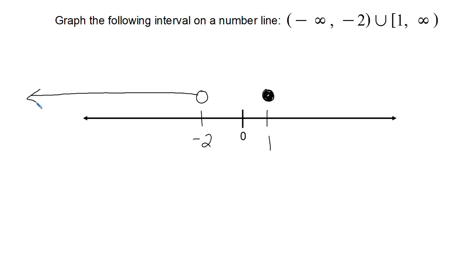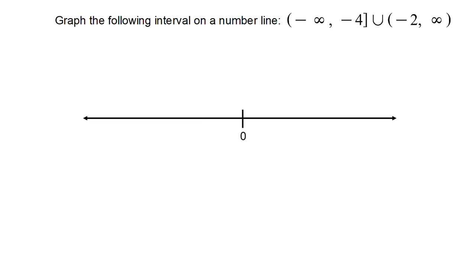So that's all the stuff to the left of -2. And then I want to go from 1 until I get to infinity. That's all the stuff to the right of 1. So again, I can't be both of those things at once. That's why the union symbol means or. It's either all the stuff to the left of -2, or it's all the stuff to the right of 1.